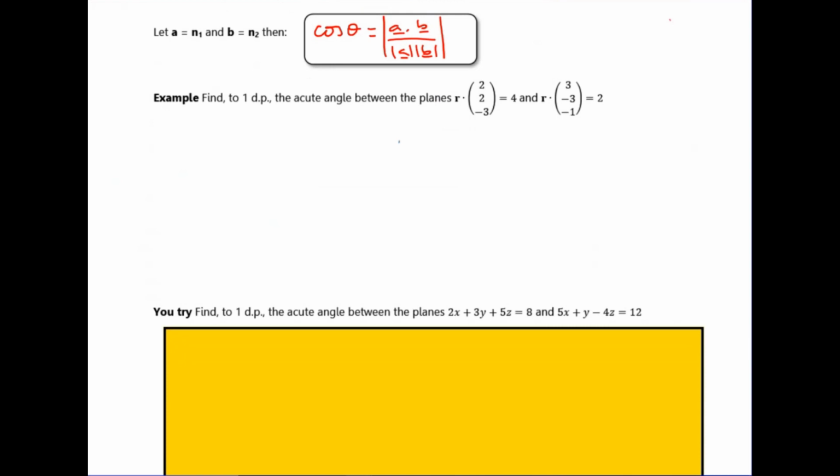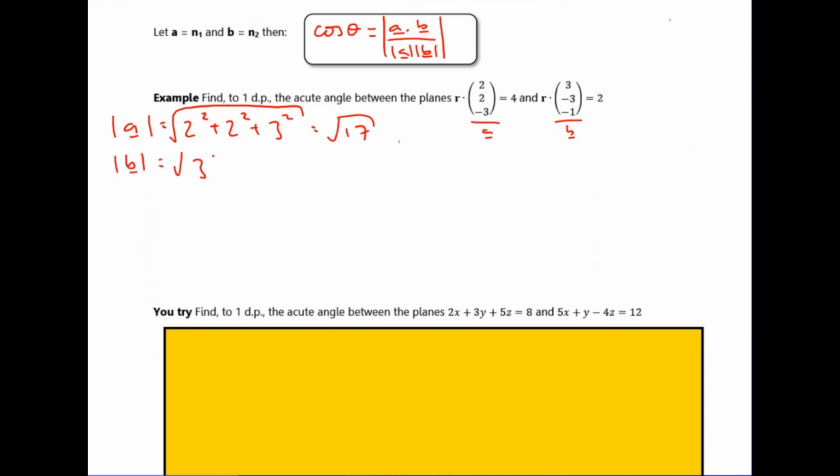So in this example, finding the acute angle between these two planes, I'm finding the angle between these two normal vectors. This one is my A, this one is my B. Modulus of A is 2 squared plus 2 squared plus 3 squared, root 17.